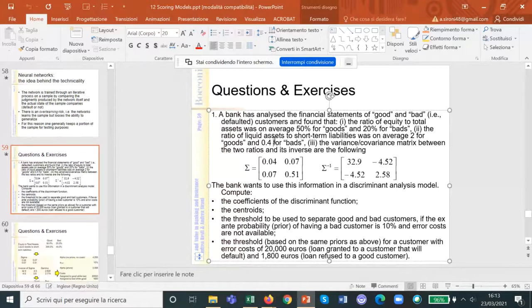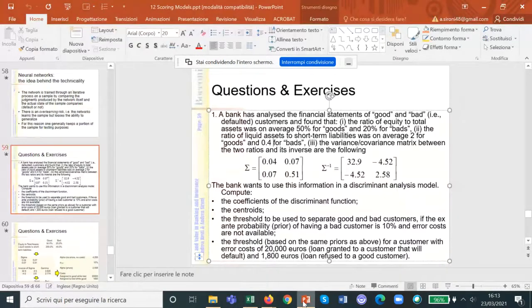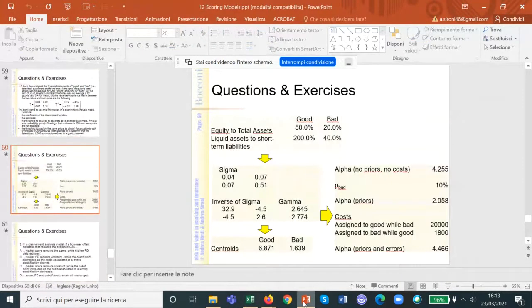Now, you have the Excel file here with all the calculation, but for simplicity, I reported the result here in this slide. Now, first of all, what are the inputs? The first table reports the vector of the variables for good and bad.